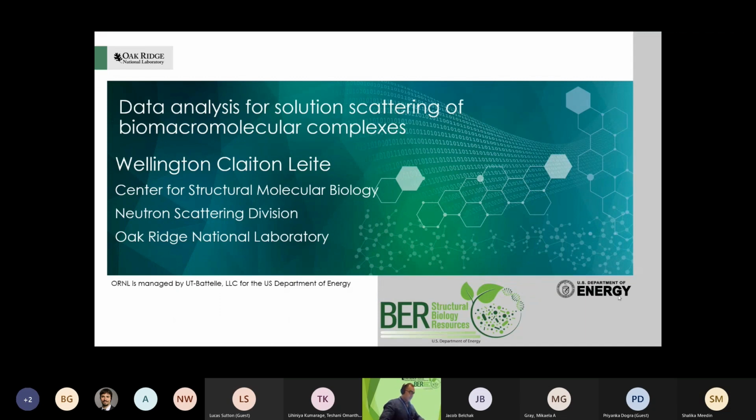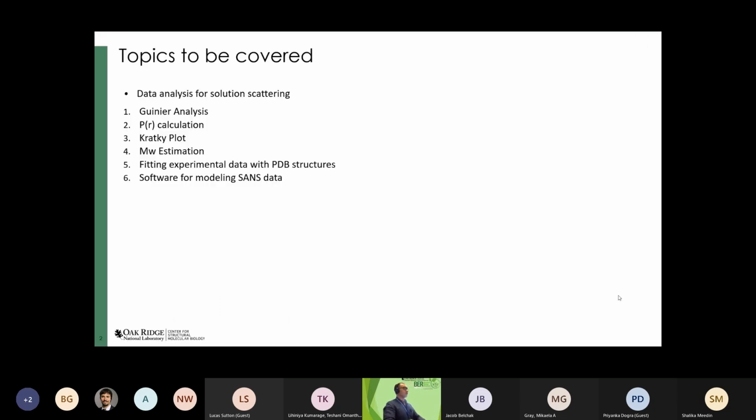So, from where we started with the data analysis, today some topics that we're going to cover are the Guinier analysis for biomacromolecules, P(r) calculations, which is the pair distance distribution, the Kratky plot to estimate conformation and detect conformational changes, estimation of the molecular mass, and also using atomic structures of PDB models to fit the experimental data.